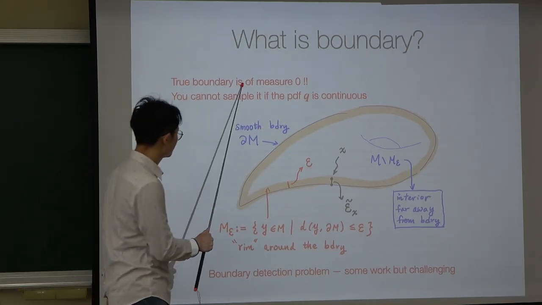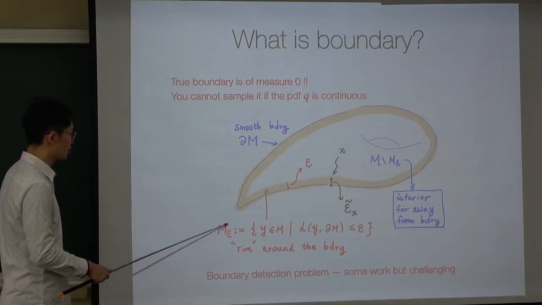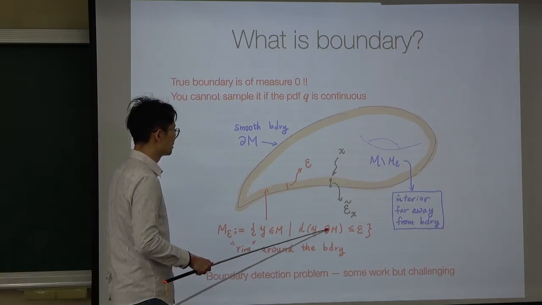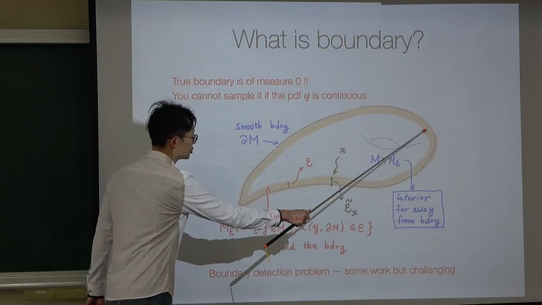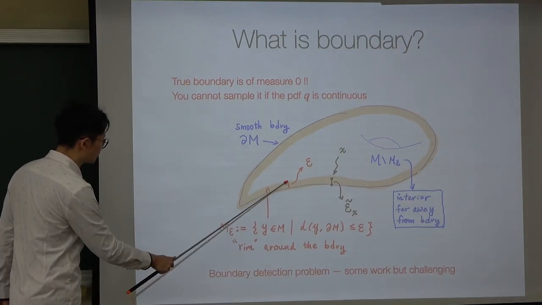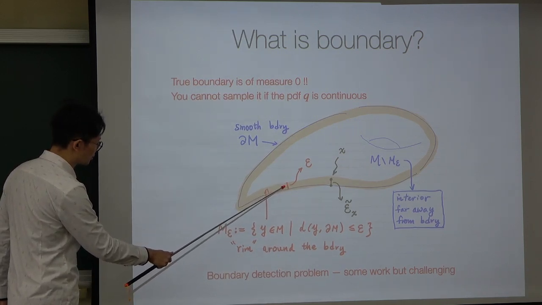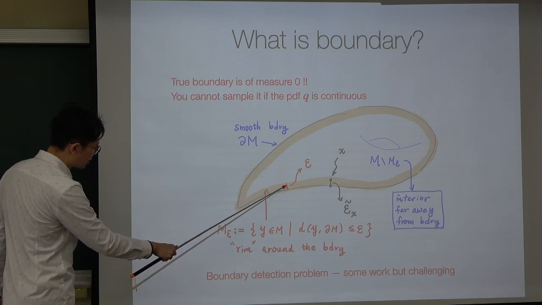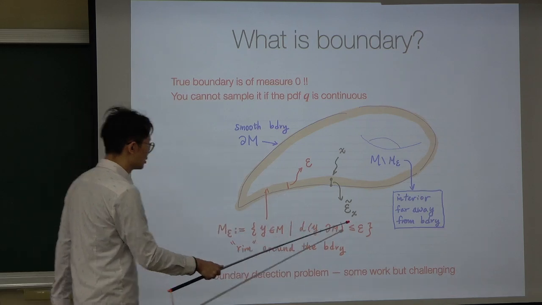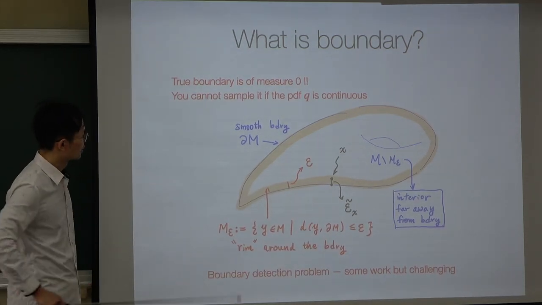So the only thing we can consider is a ring, or M epsilon, which is a ring near the boundary, which I put in orange color. This is an epsilon distance, so every point inside this orange ring has geodesic distance to the boundary less than epsilon. So this is a ring.